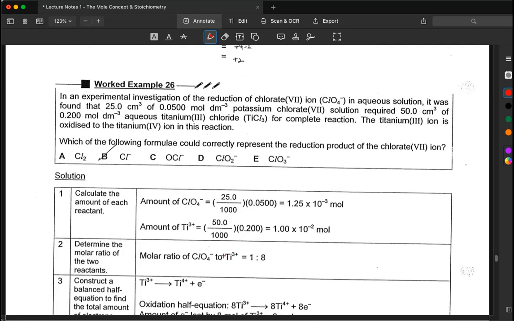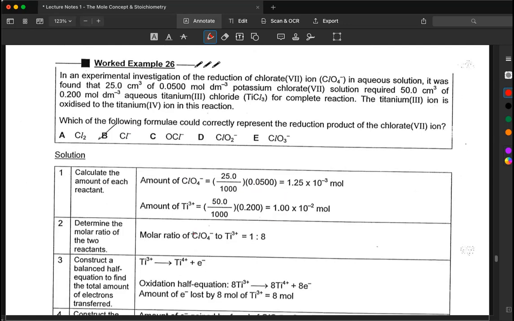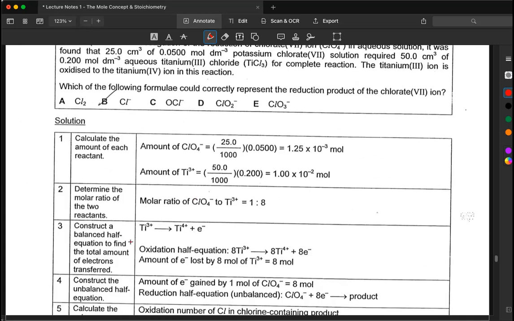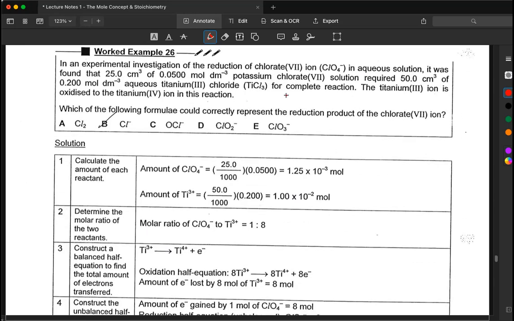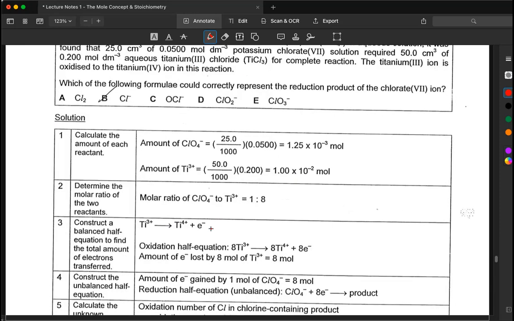Then you compare, the mole ratio is 1:8. Then you construct a balanced half equation to find out the total number of electron transfer. So titanium 3+ becomes titanium 4+. That's what is mentioned. So there is actually a loss of 1 electron. So oxidation half equation, because you see titanium 3+ here is 8, so I put it as 8 to balance.